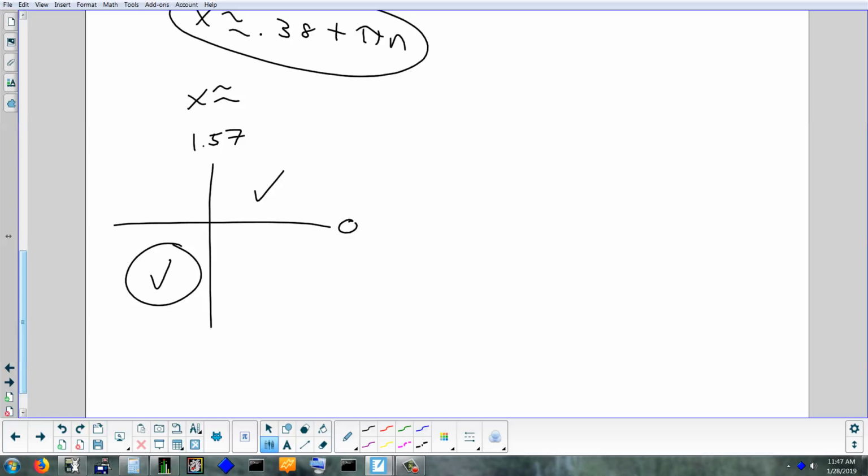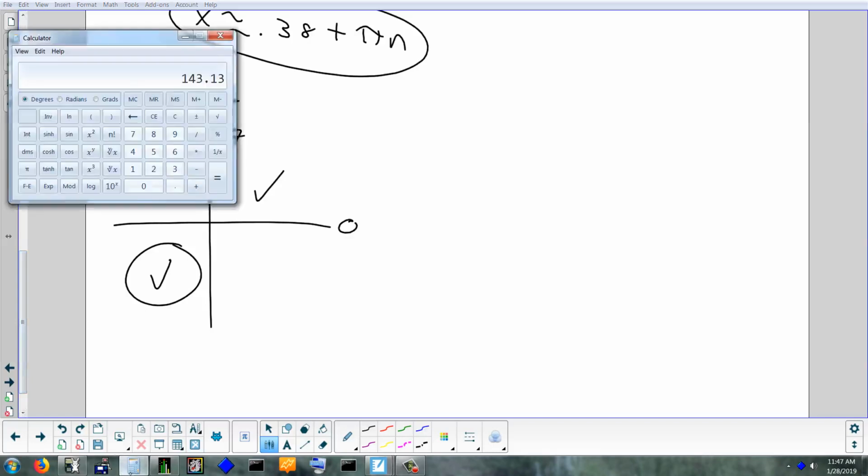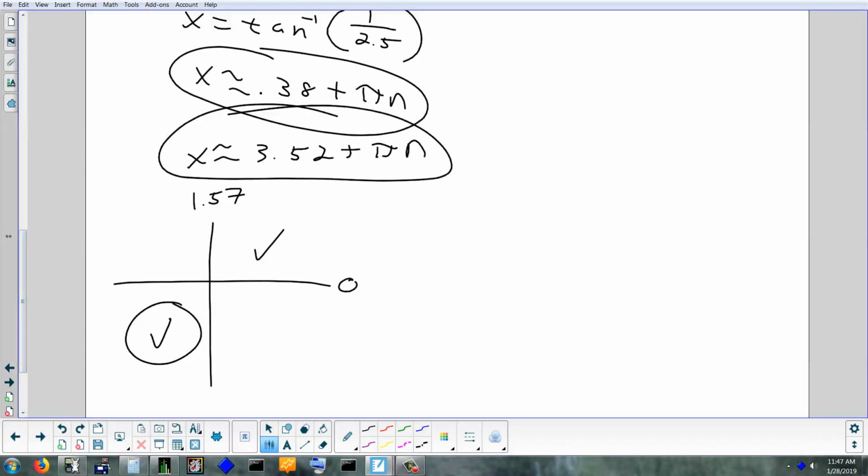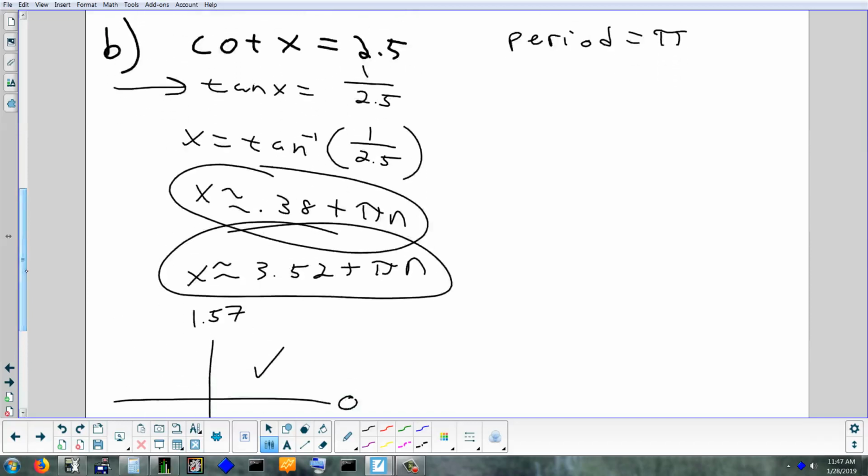Yep. 180 plus the reference angle. What about if we're in degrees? What if we're in radians? Pi plus your reference angle. 3.52, plus pi n. Okay. I'll check the second one just to make sure it works, but I'm pretty sure we're good.